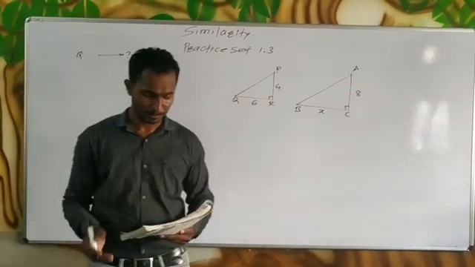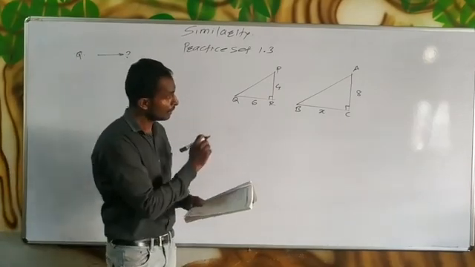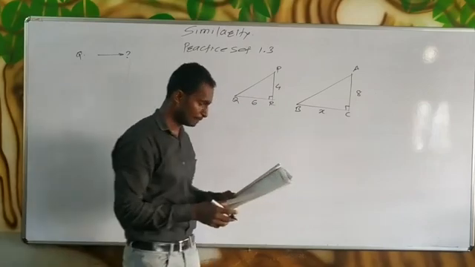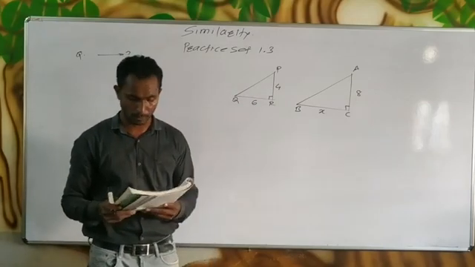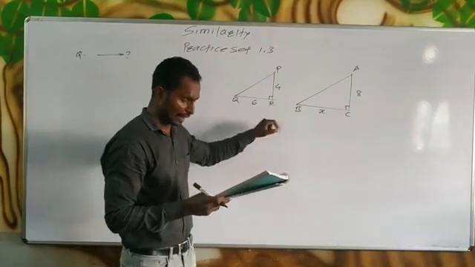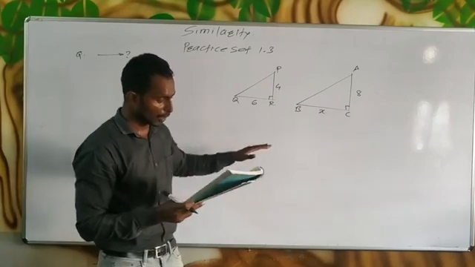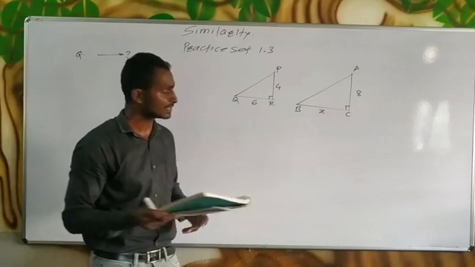And the question is, as shown in the figure, two poles of height 8 meter and 4 meter are perpendicular to the ground. If the length of the shadow of the smaller pole due to the sunlight is 6 meter, how long will be the shadow of the bigger pole at the same time?